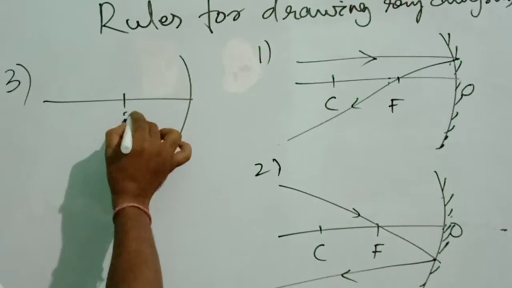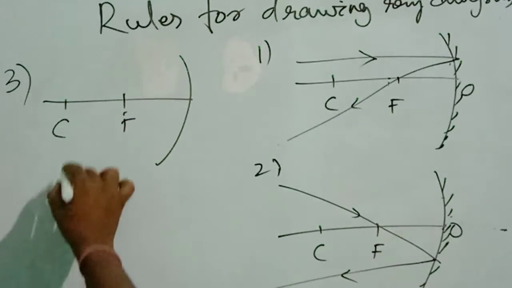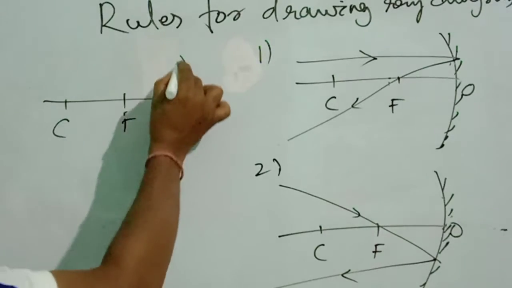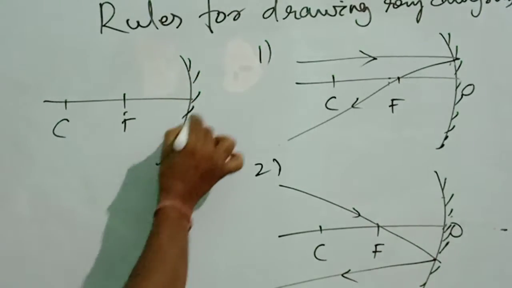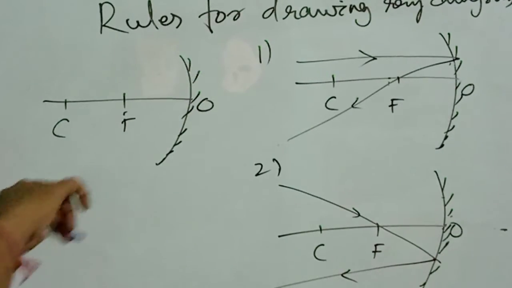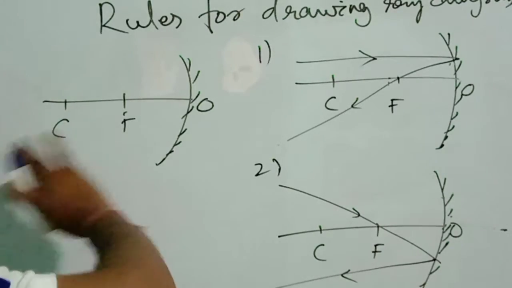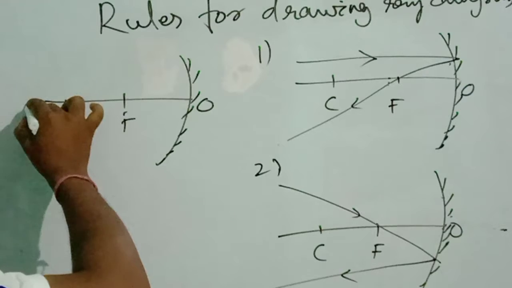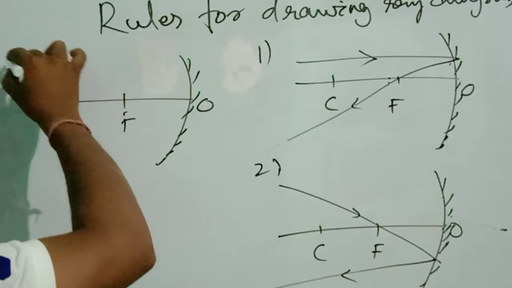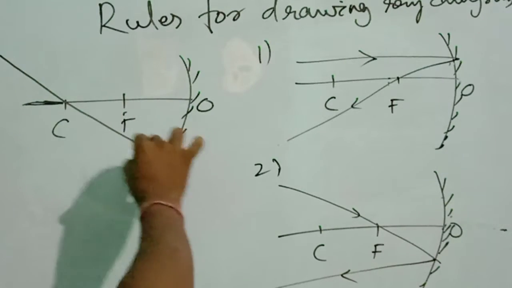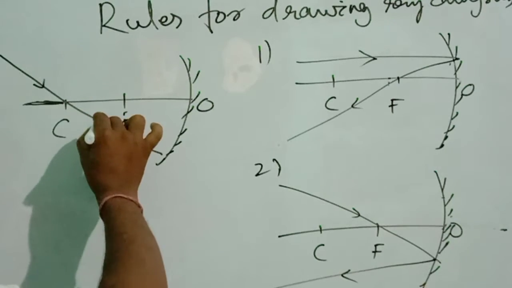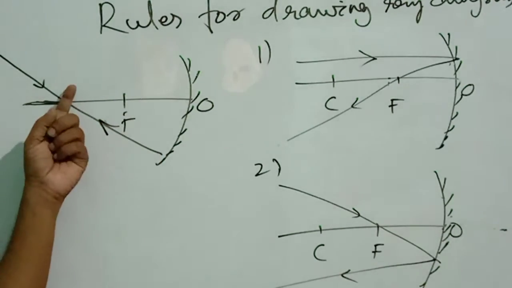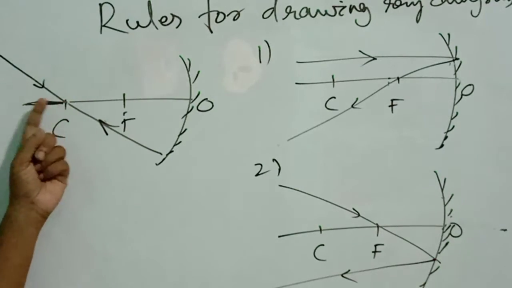Number 3. This is the focus, this is your center of curvature. This is the mirror and this is the optical center. Rule number 3 says, if a ray is incident through the center of curvature, after reflection it moves along the same path through the C point.